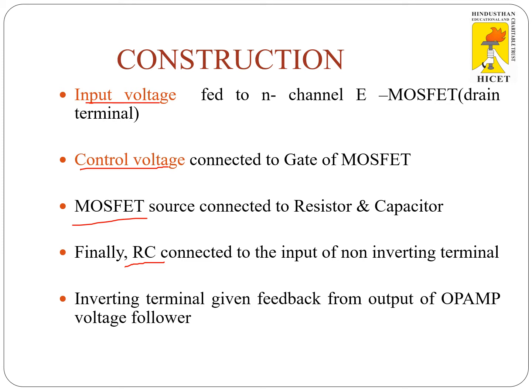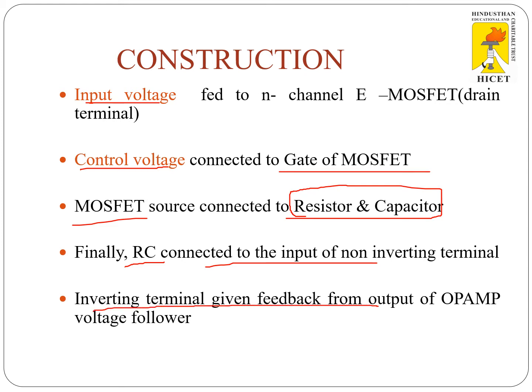The control voltage is connected to the gate of this MOSFET, and the MOSFET source will be connected to the resistor and capacitor. This RC is then connected to the non-inverting terminal of the op-amp. This input terminal is again given a feedback from the output of the op-amp as a voltage follower.